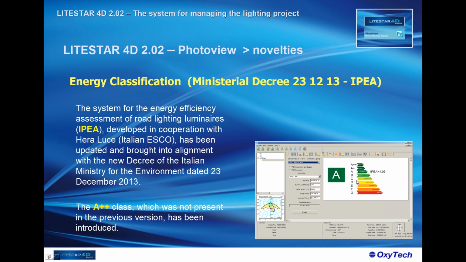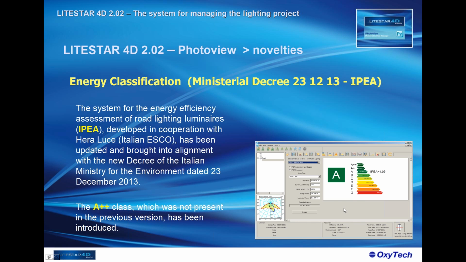This system was already available in the old decree because this is the decree number 2. The first one was introduced in 2007, but at the beginning it was not carrying the A++ classification, A++ class. It was only from G to A+.